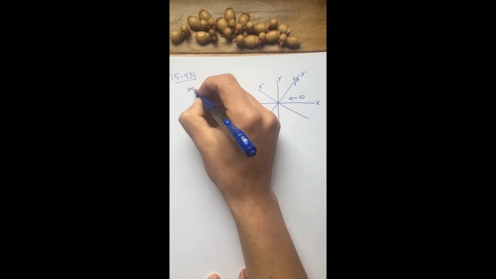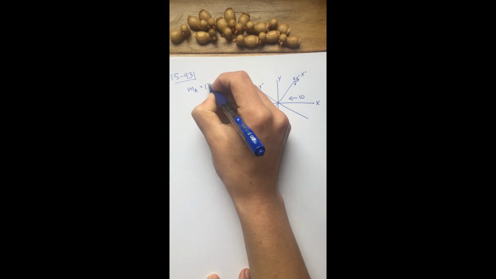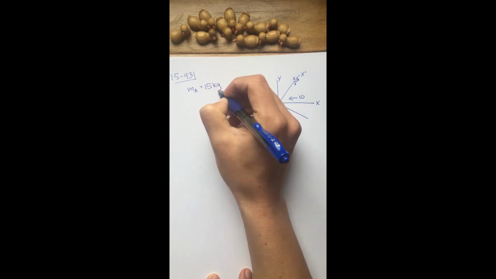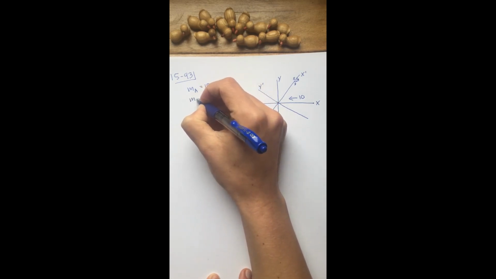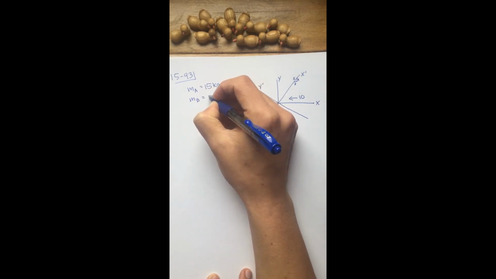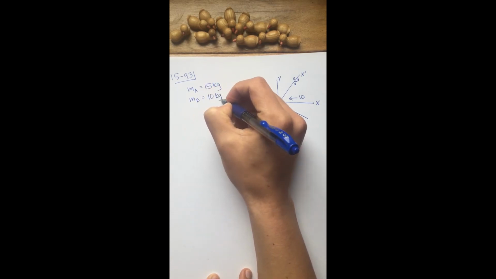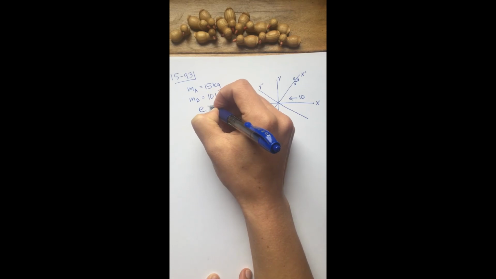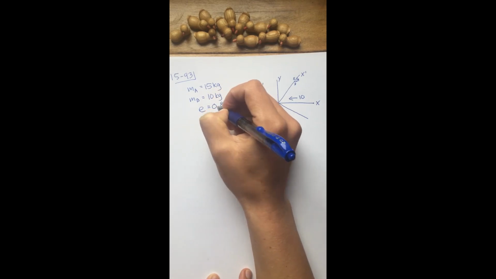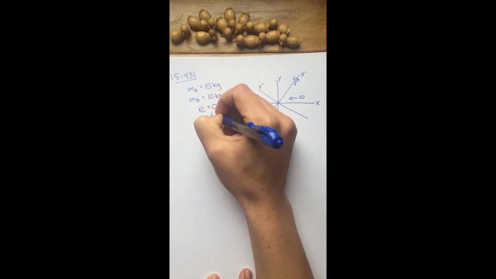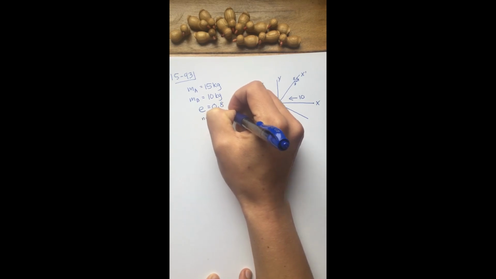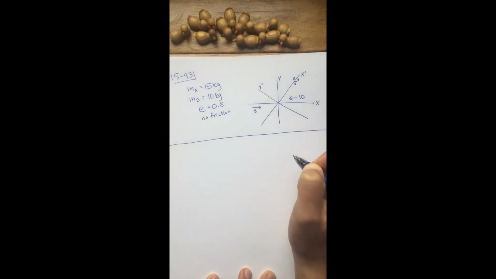Mass A is equal to 15 kilograms. Mass B is equal to 10 kilograms. The coefficient of restitution is 0.8. In this problem, there is no friction.